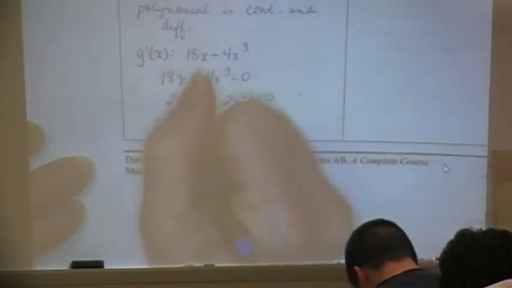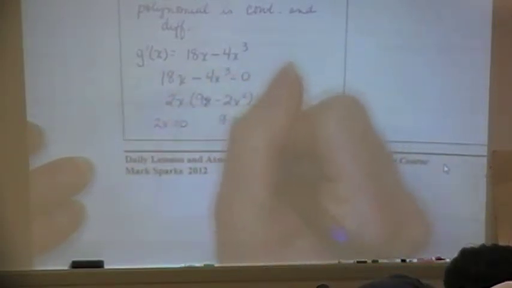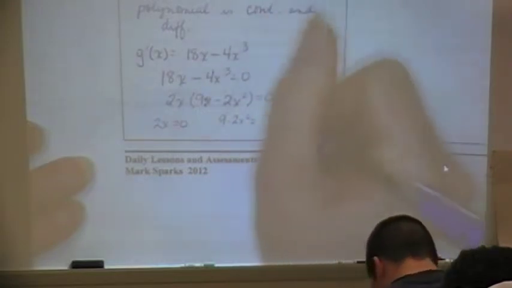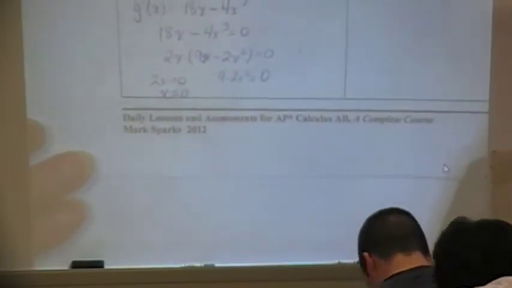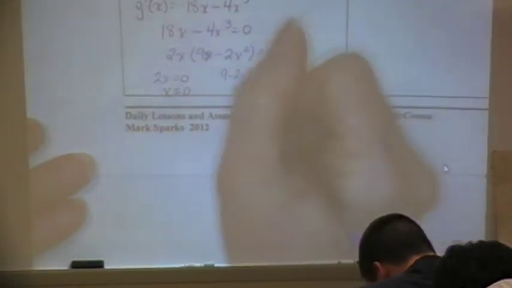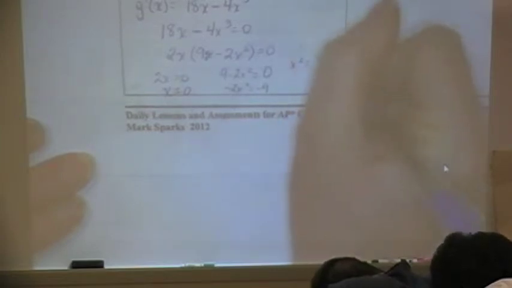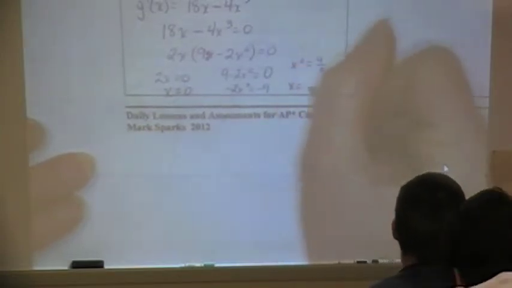GCF of 2x. 2x equals 0. The square root of 9 over 2.